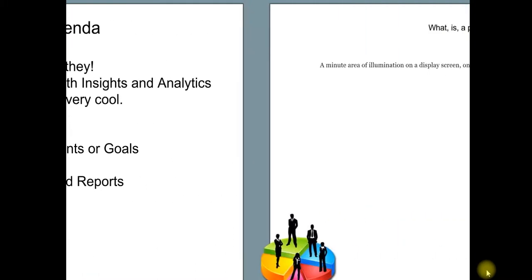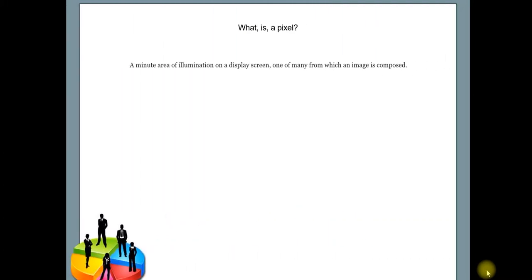Fantastic fun. To start with, we want to look at what a pixel is. Quite literally, a pixel is just a minute area of illumination that displays on a computer graphics screen.